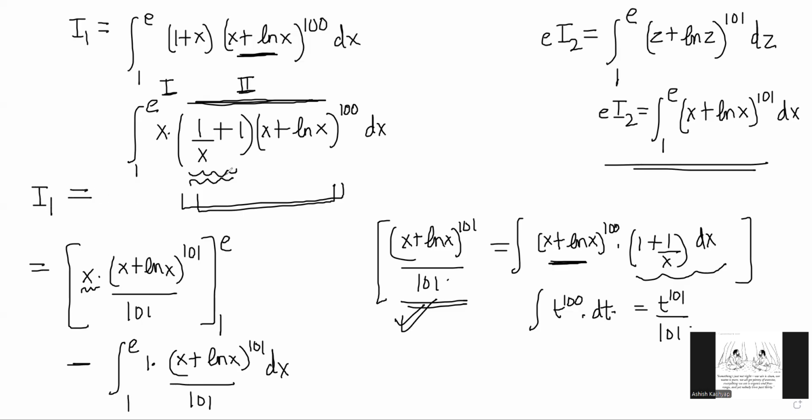So that is going to be my I1. I1 was equal to this and I1 is still equal to this. Now, if you think about it, the calculation of this will become easy. So let's do the simplification now.